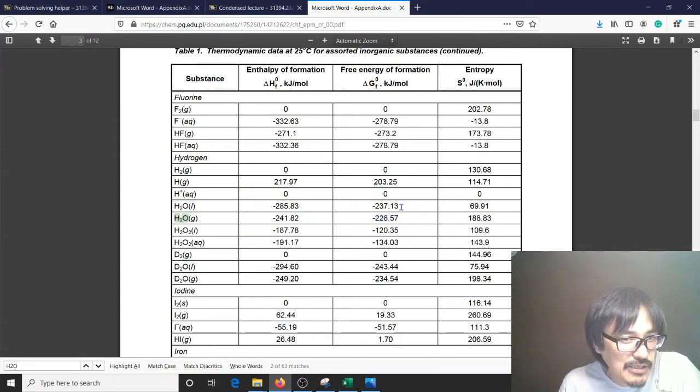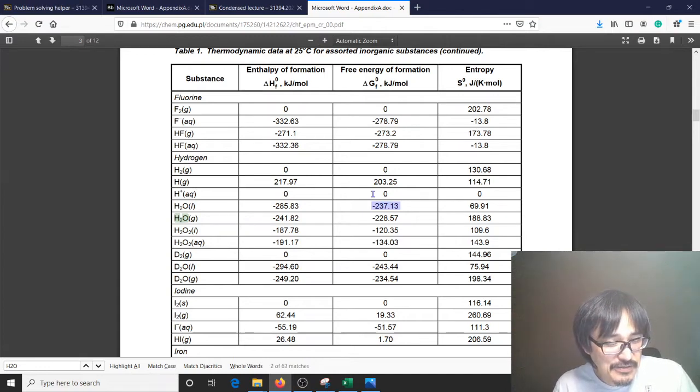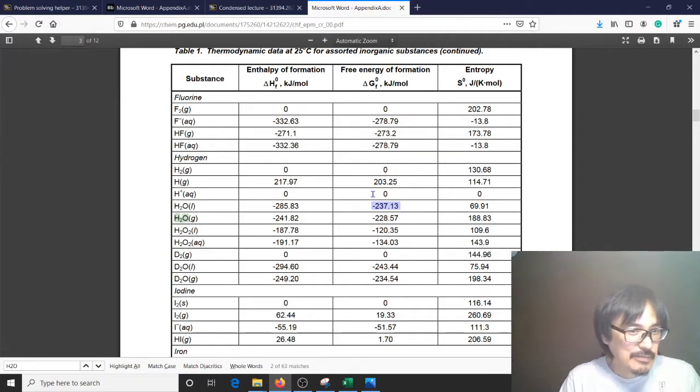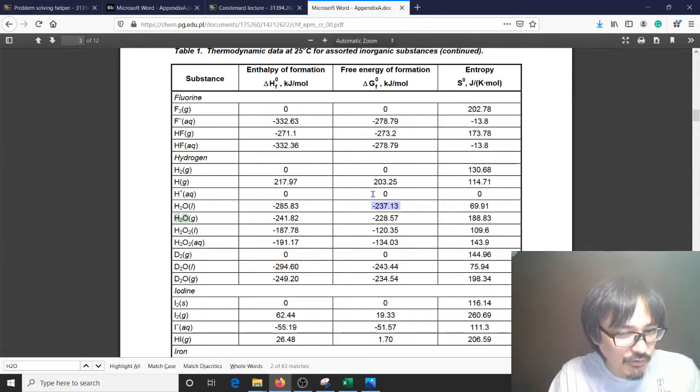You notice that the liquid water has lower Gibbs free energy. If the Gibbs free energy of a phase of the substance is lower, then that substance tends to be in that form.